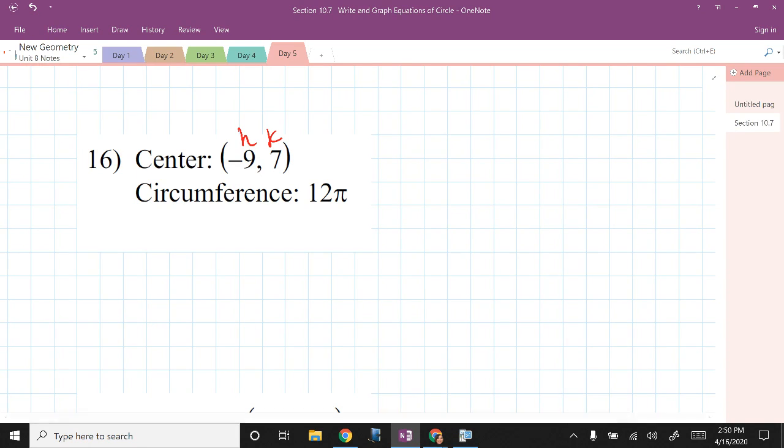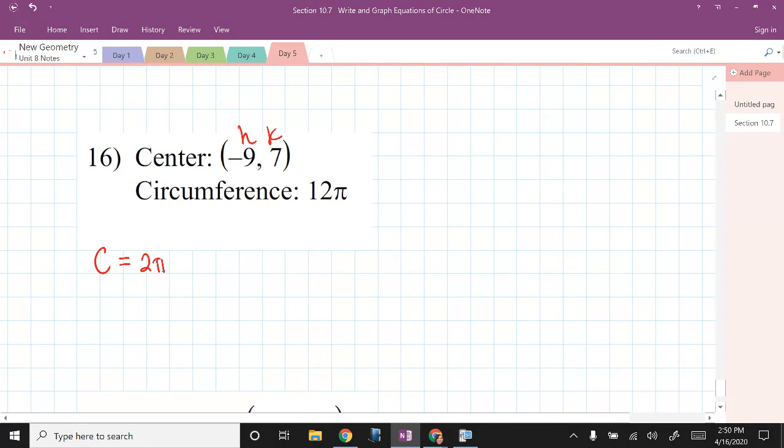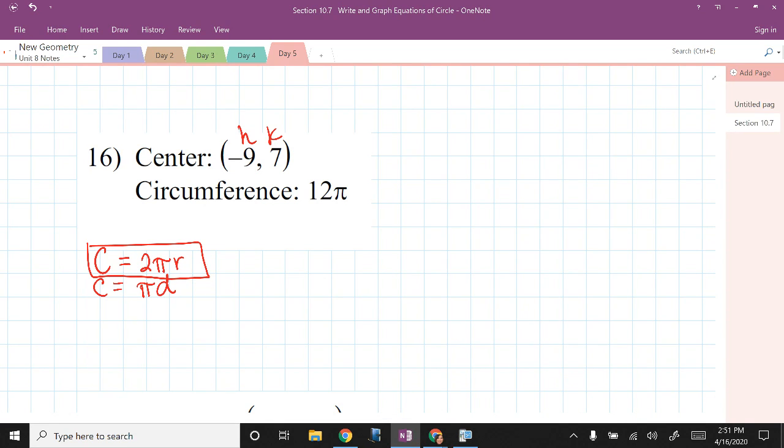First of all, the formula for a circumference is either 2 pi r or pi times diameter, right? So we're obviously going to use this one because we need to get the radius. So to get r, I need to divide by 2 pi.